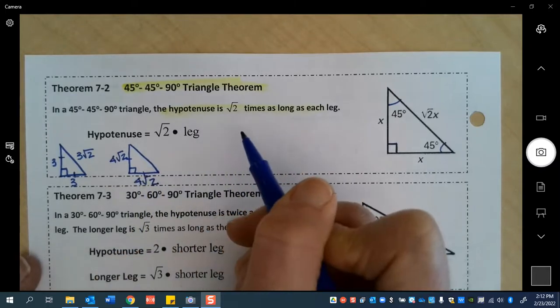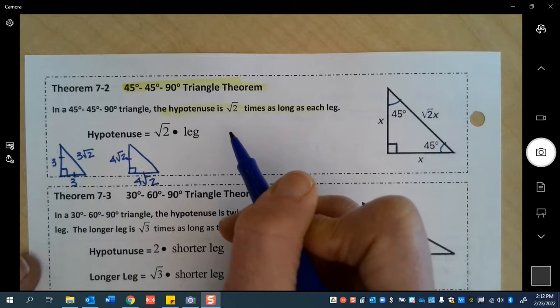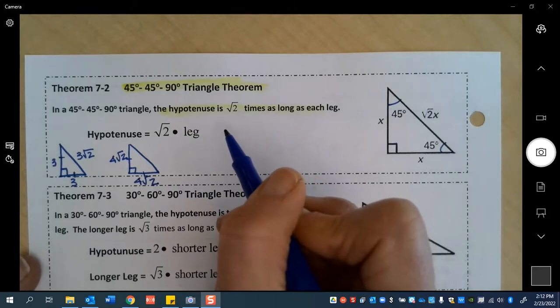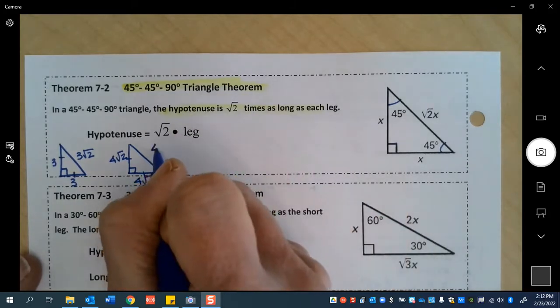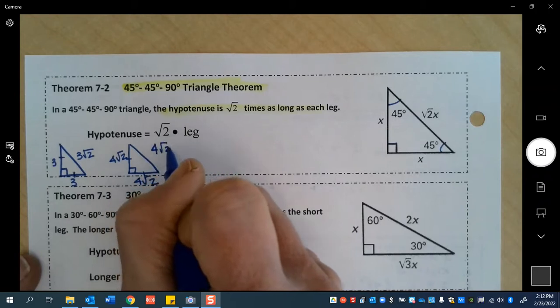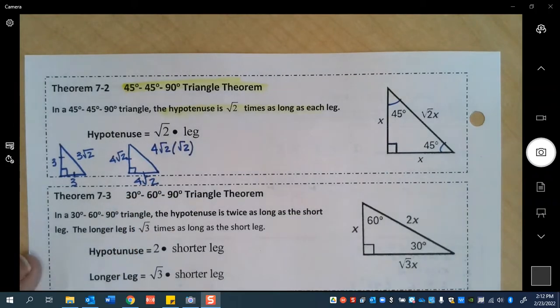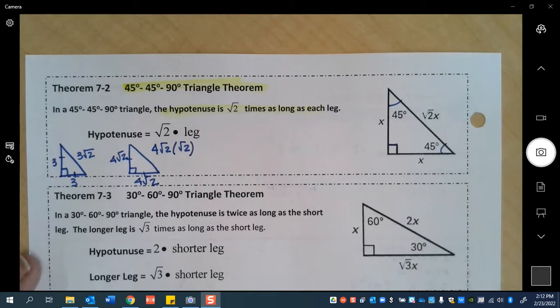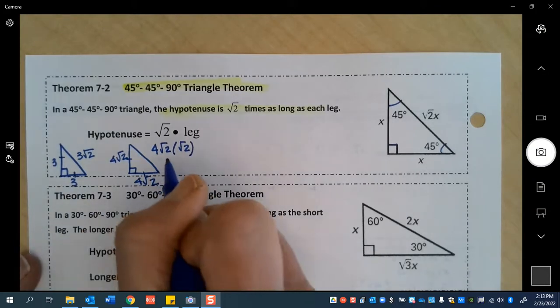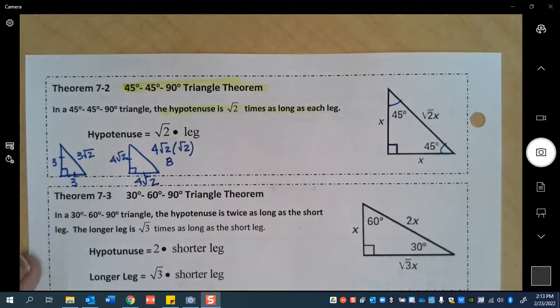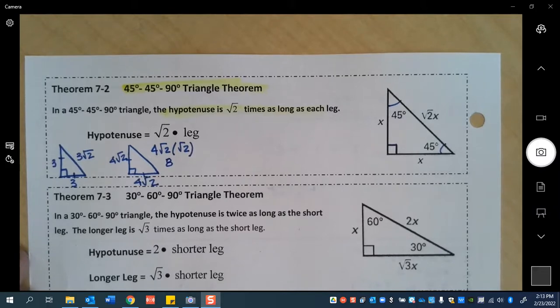What is my hypotenuse? What does that equal? Root 2 times root 2 is 2. 2 times 4 is 8.